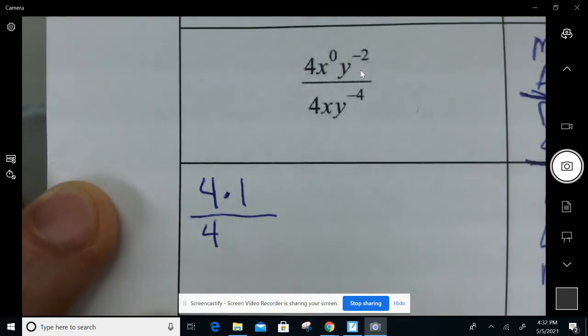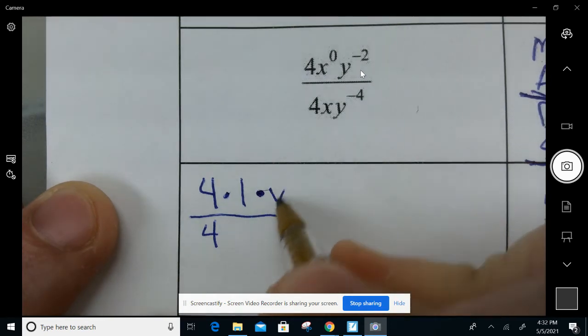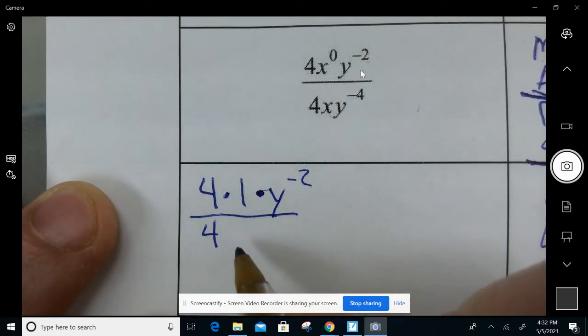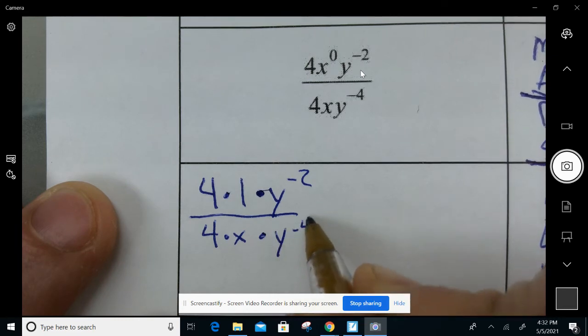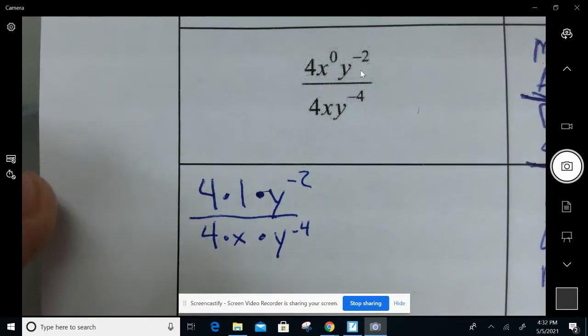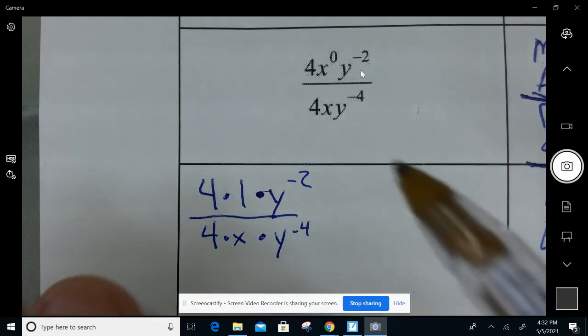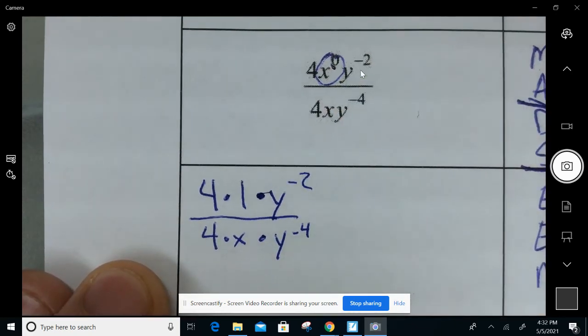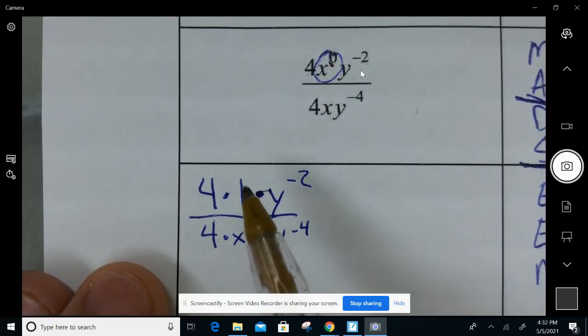All right, y to the negative 2 is still in the same spot. The x is in the same spot on the bottom, and the y to the negative 4 is in the same spot, okay? Nothing has changed except this. Anything to the 0 power becomes the number 1. Notice nothing else has changed, okay?